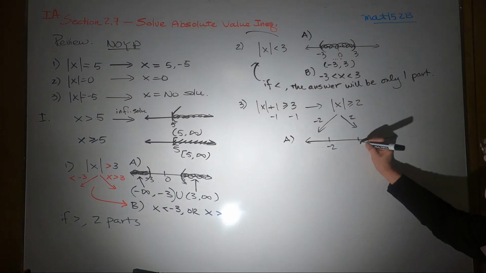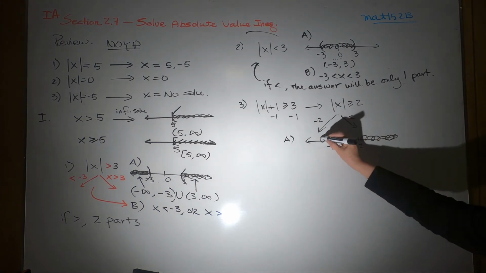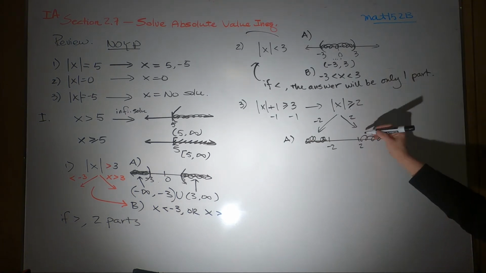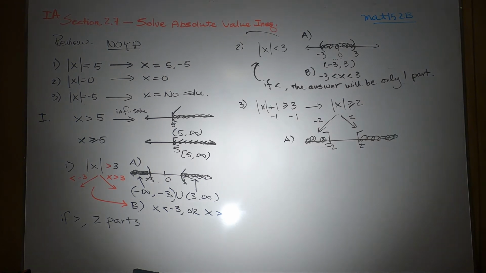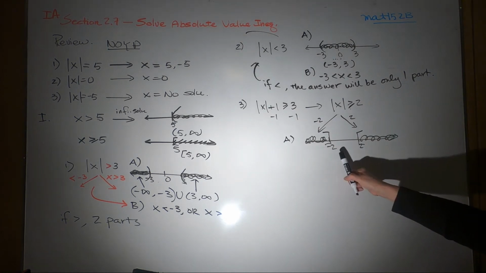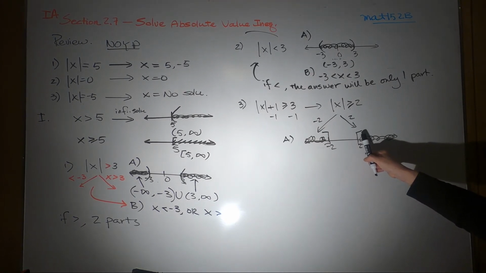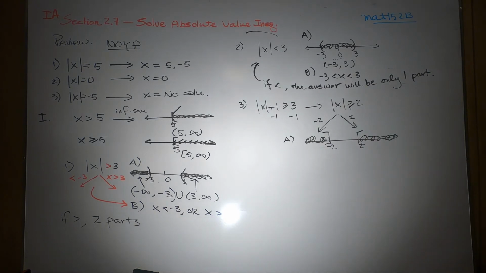That's your -2, that's 2. Bigger than, so your answer is here, answer is here, right? Then you have equal sign, that means inclusive with the boundary point 2 and -2. Then if it includes the boundary point, you will use brackets as a symbol.